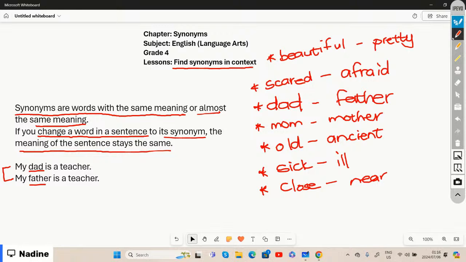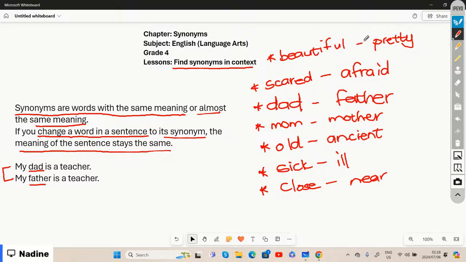Before we go on to sentences that we can make of it, if you give me words, I will try to make sentences by adding both those words to it, so that we can see how the meaning stays the same. Synonyms are words with the same meaning. So it's 2 different words, but they have either the same meaning or similar meanings.